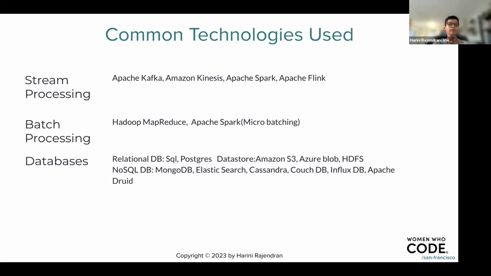So based on your use case, you can pick a relational database or one of these NoSQL databases, or if any of the blob stores like S3, HDFS, or Azure Blob satisfies your needs, you can just dump your processed data in those data stores as well.